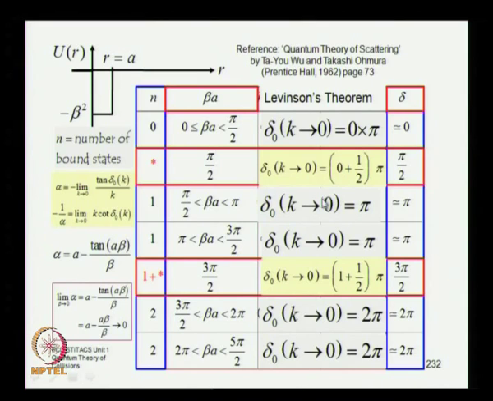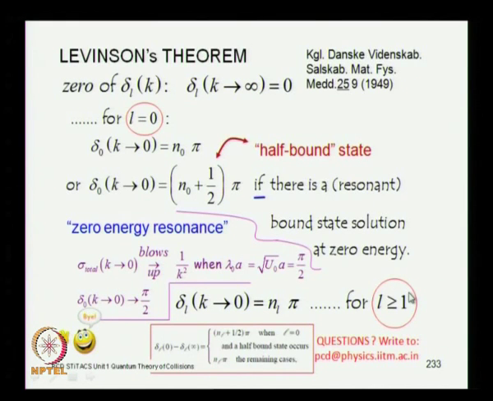Or else, if you have a resonant bound state, then it is half integer multiples of pi, like 0 plus half times pi, because the phase shift becomes pi by 2 or 3 pi by 2 and 5 pi by 2 and so on. So, that is the basic resonance theorem, that for S waves the 0 energy phase shift is either an integer multiple of pi or it is a half integer multiple of pi when there is a resonance.